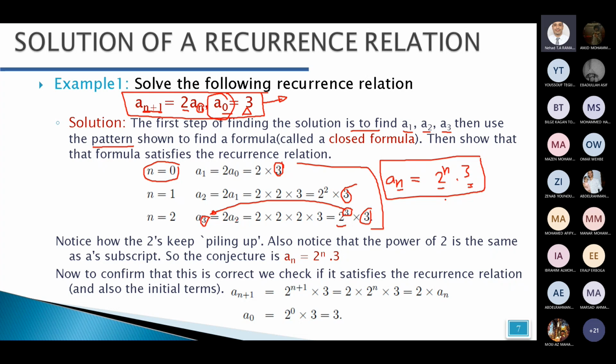Now after finding this general term, the first step is to find the first few terms. The second step is to find a pattern in them. A pattern means something that is repeated in each. From it we can find a formula, meaning the general term or general description.